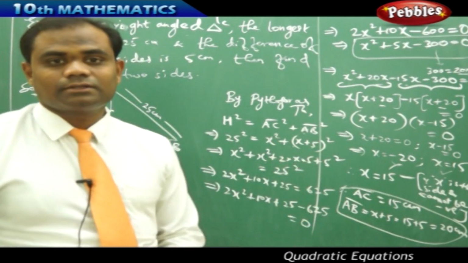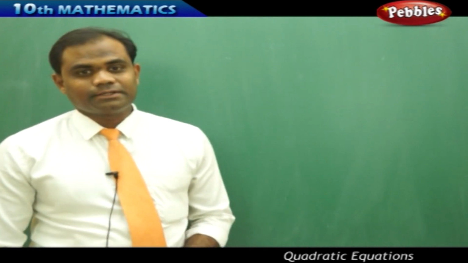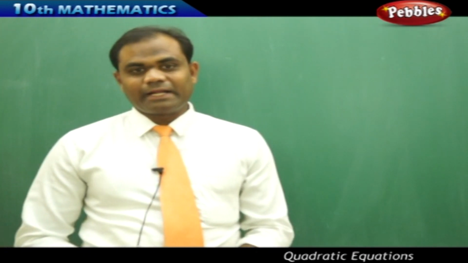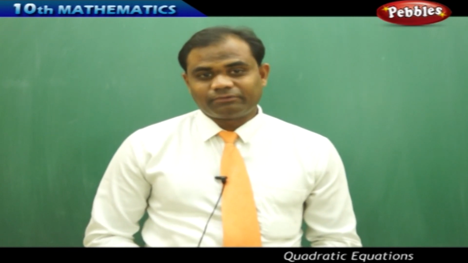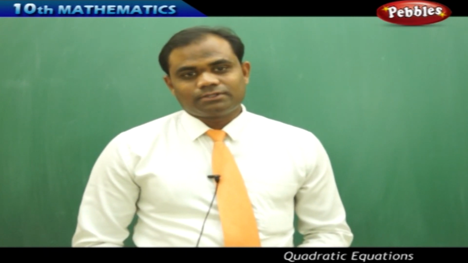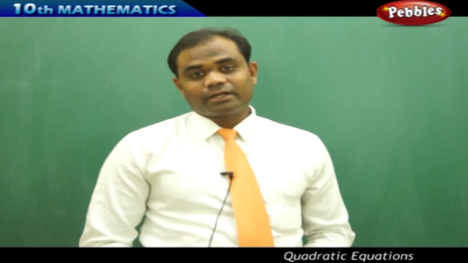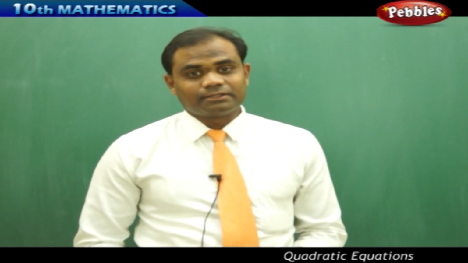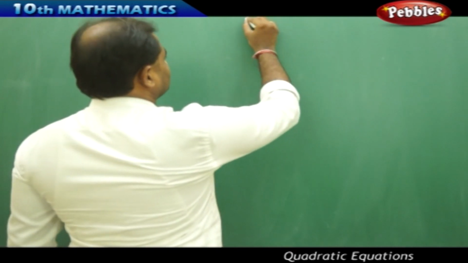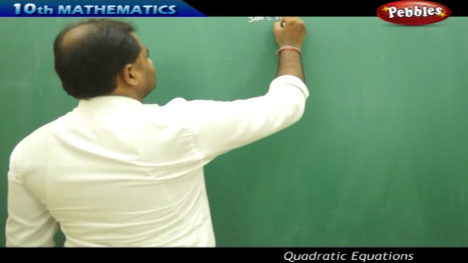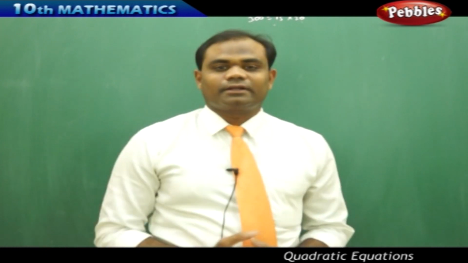So the solution which we have obtained in the previous problem of a right angle triangle was the solving of a quadratic equation by factorization. So this is purely an example of solving the given quadratic equation by factorization method, where we found the factors of 300 which have been 15 times 20, and then we add or subtract to find the factors.